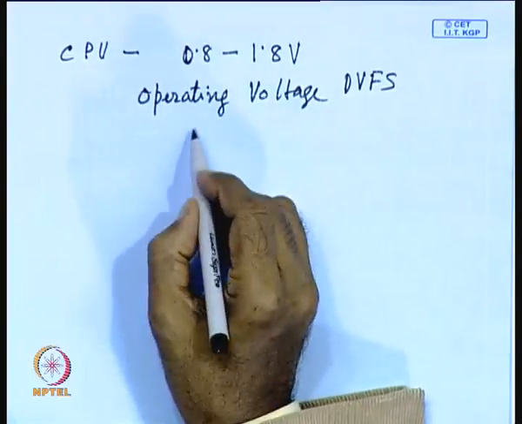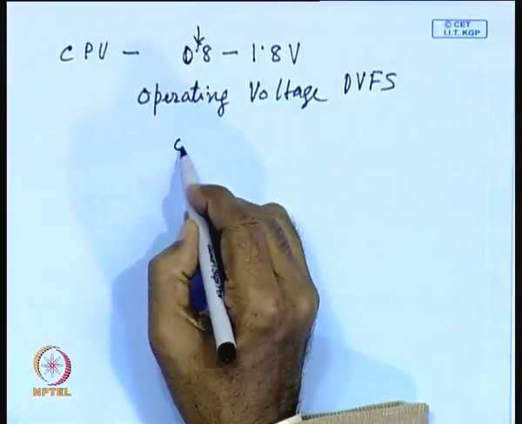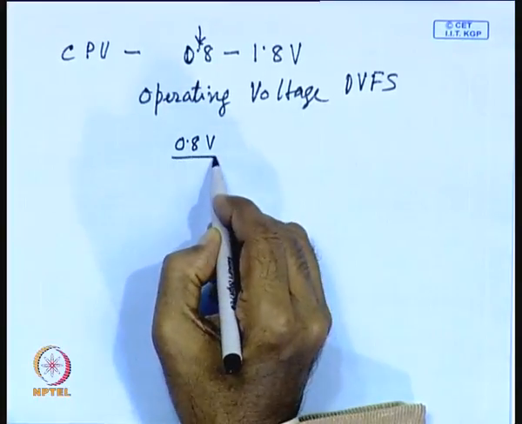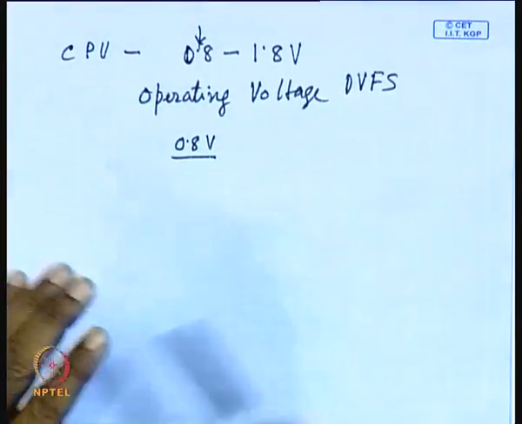Now, whenever this limit is reached, 0.8 volt, then obviously you cannot further reduce the supply voltage. The reason for that is if the supply voltage goes below this, the processor will not function correctly. That means we have reached a point where the processor will fail to operate.